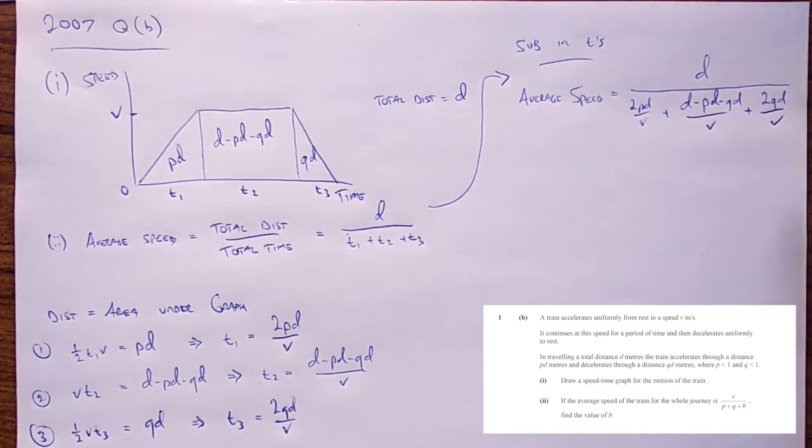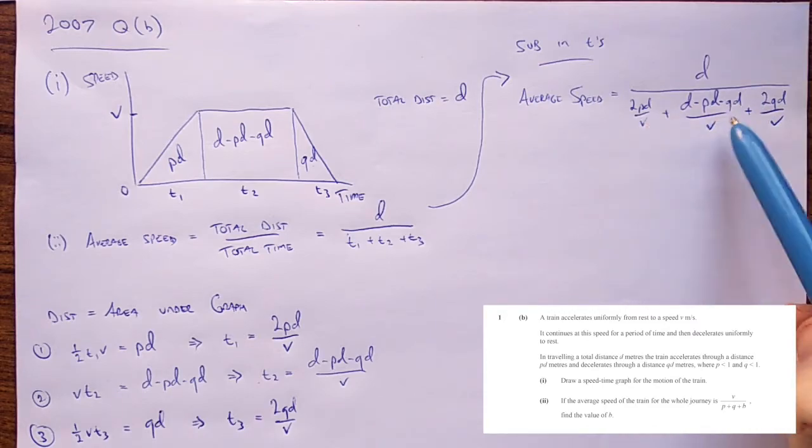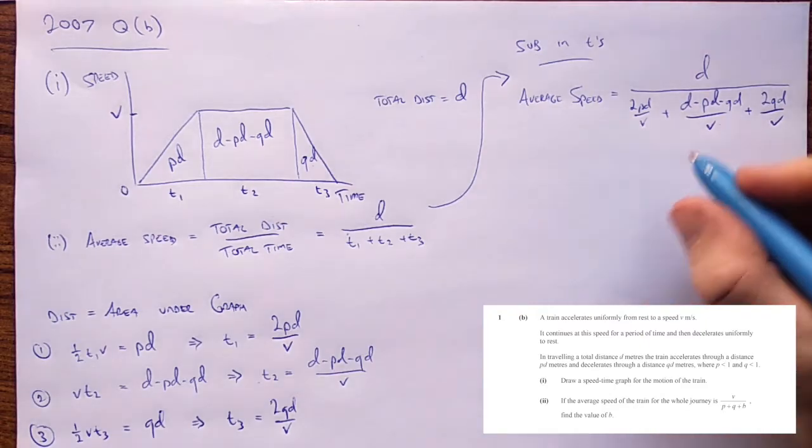Looks a bit ugly, but at a glance, we have a lot of common factors with d in it. We have a common denominator down here with v in it. So this actually isn't nearly as horrible as it looks at first glance.